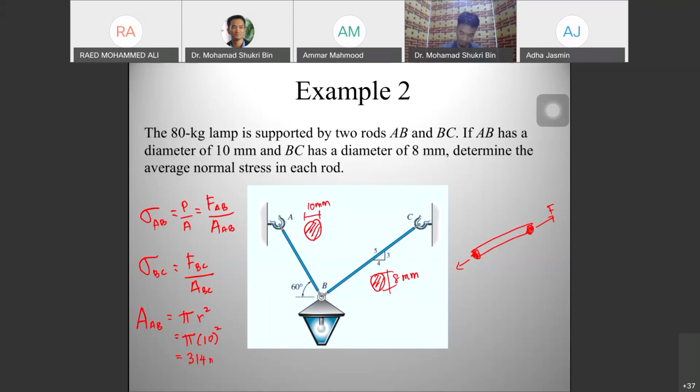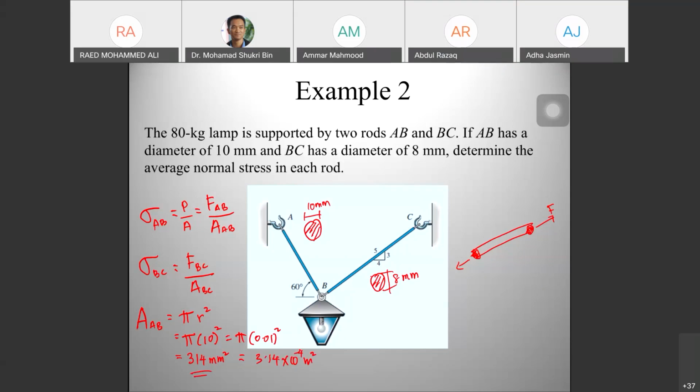Can you imagine if you use the units in meter? You are left with 0.01 squared, so pi times 0.01 squared, and you have 3.14 times 10 to the power of minus 4 m squared. So better you use this.